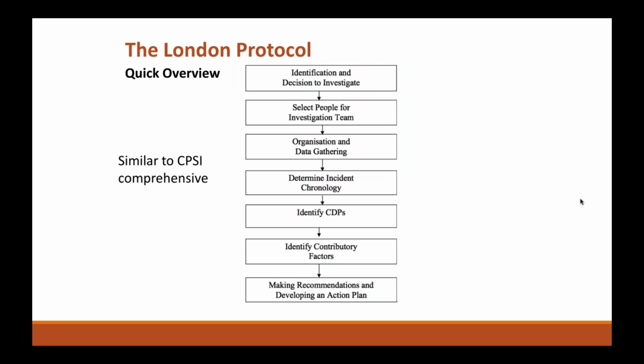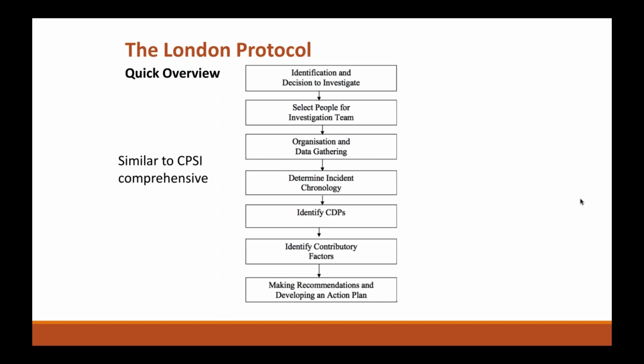Okay, the London Protocol is similar to the CPSI Comprehensive, although a little different. So, a quick overview: it talks about the identification and the decision to investigate. So again, it is reserved for significant incidents. You select the people who are going to be involved in the investigation team. You do fact finding and data gathering.